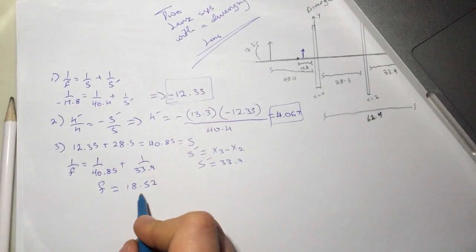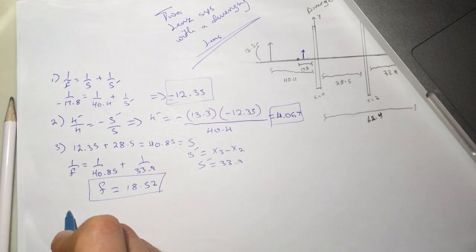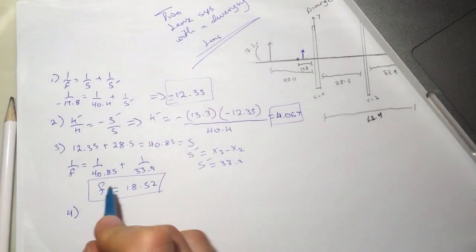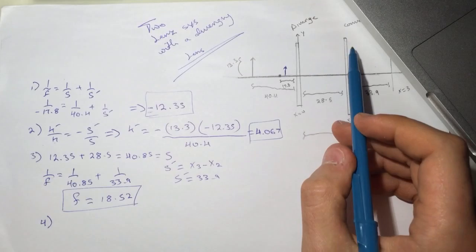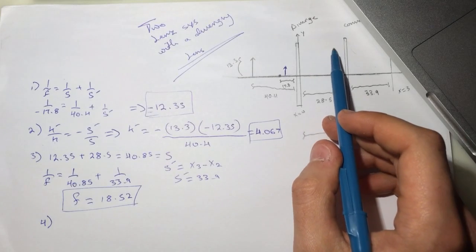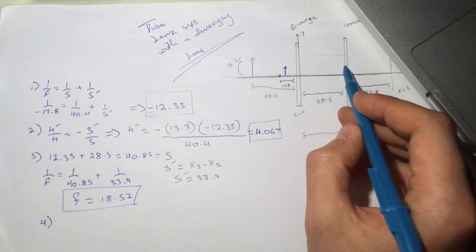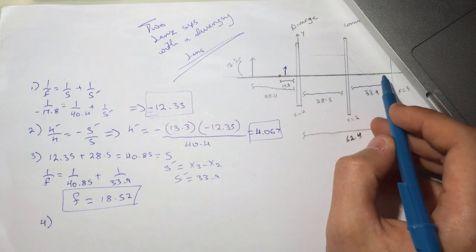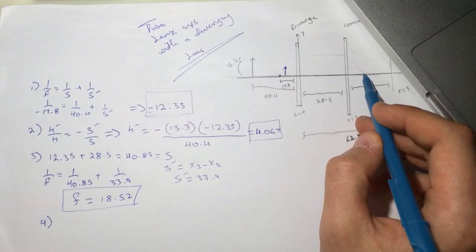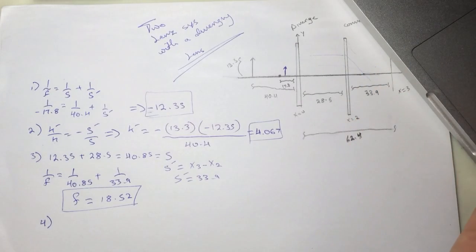And the focal point is positive because it's converging. Any light that's coming this way is going to converge into the focal point.